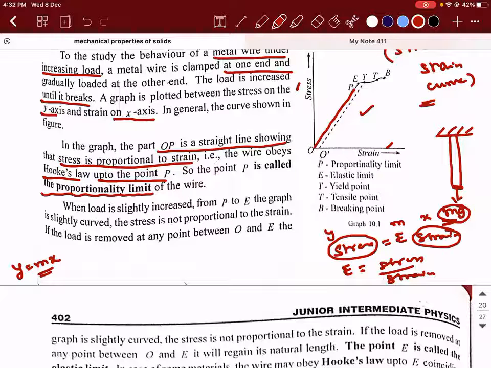Now suppose they give this kind of a graph and, let's say they are giving you certain values. Let's say they gave you the value as 1, half, and they ask you to calculate the modulus of elasticity. How will you calculate it?